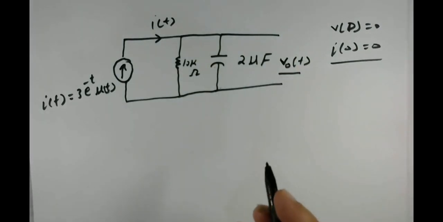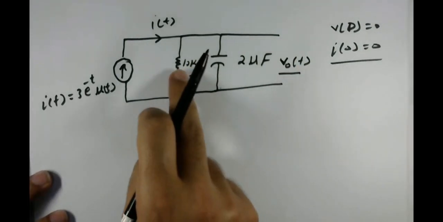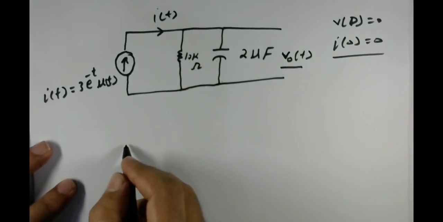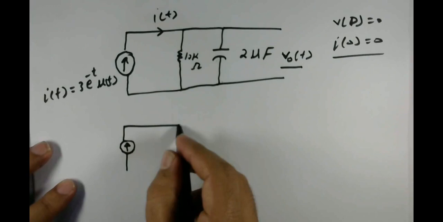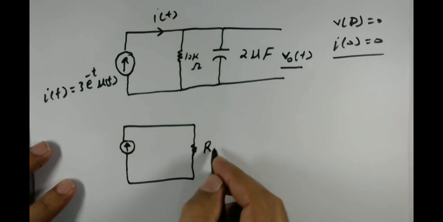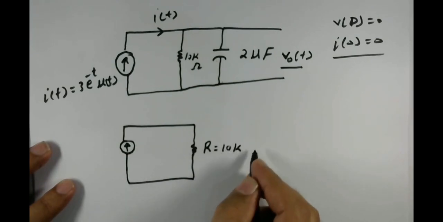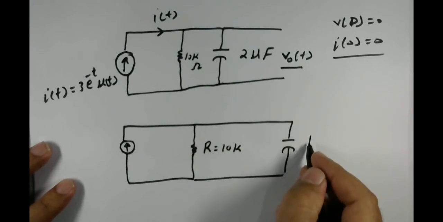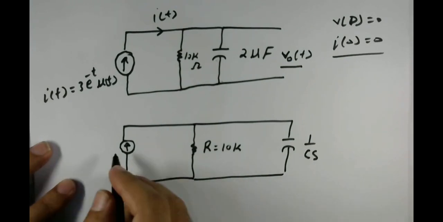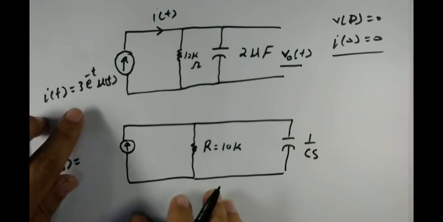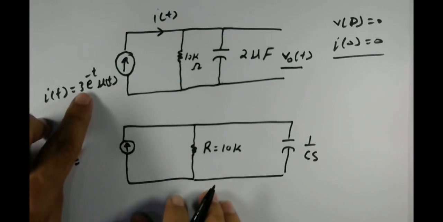First, we need to find the Laplace equivalent of this circuit. The Laplace equivalent will have your current source over here. This is your resistor, so nothing changes with the resistor, it will be 10K. For the capacitor, this becomes 1 by CS. You already know that, right? This is your input, so it becomes I of S, which comes from 3 times e raised to the power minus t.